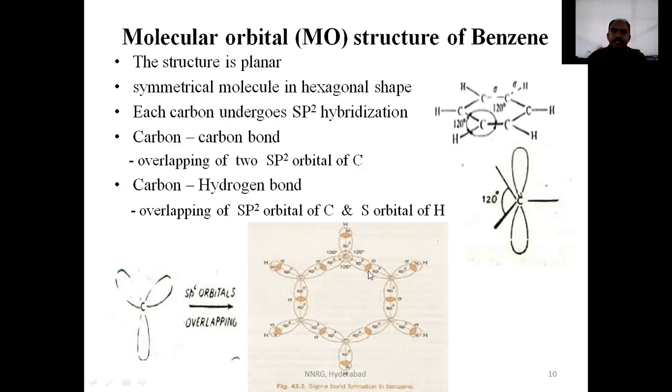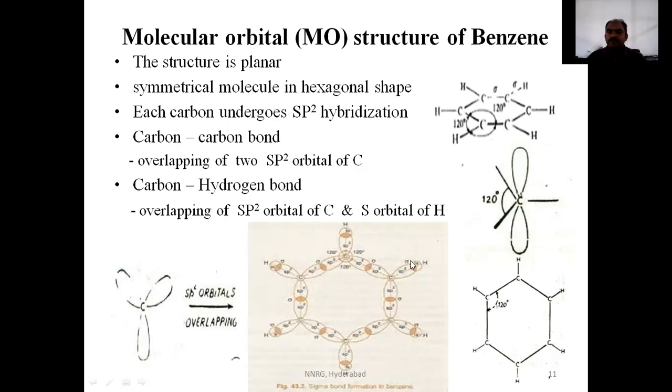The bond angle between carbon-carbon-carbon will be 120 degrees, and the bond length between carbon and carbon will be the same, around 1.39 angstroms. And the bond length between carbon and hydrogen will be 1.10 angstroms. You see here, these are the sigma bonds formed between carbon-carbon and carbon-hydrogen.